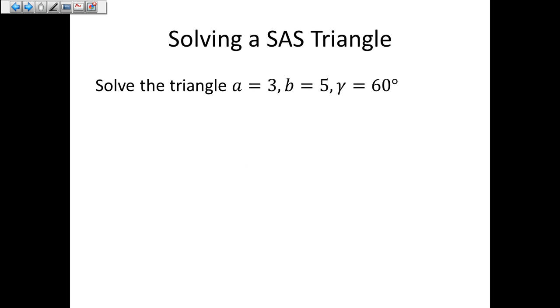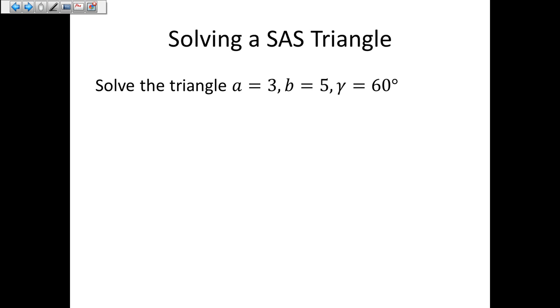Alright, so solving a side-angle-side triangle. They didn't bother to give us a picture in this one. They just say solve the triangle: A equals 3, B equals 5, gamma equals 60. This is something that the law of sines can't solve for us because we don't have a pair. We don't have A and alpha, or B and beta, or C and gamma.